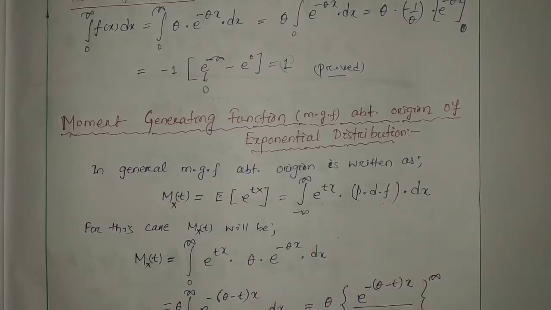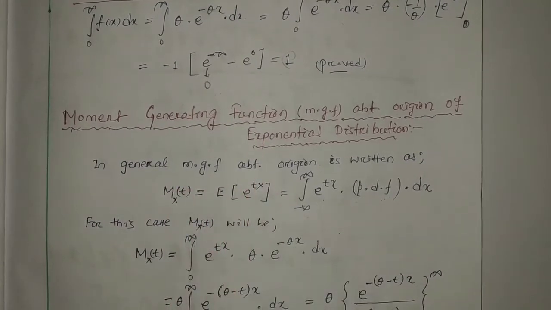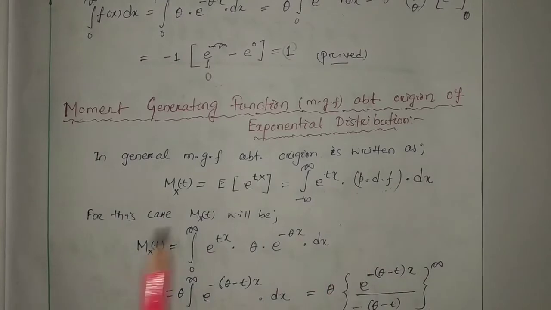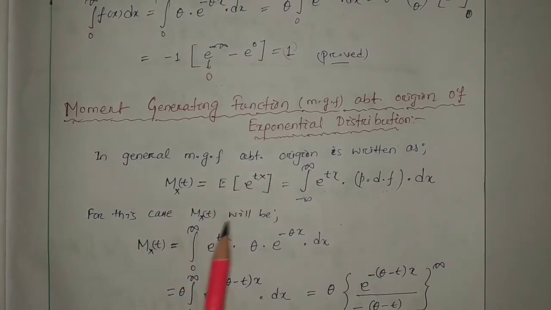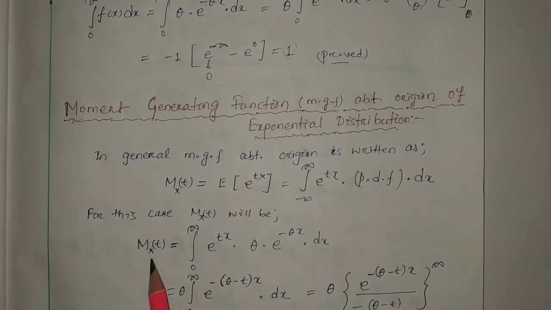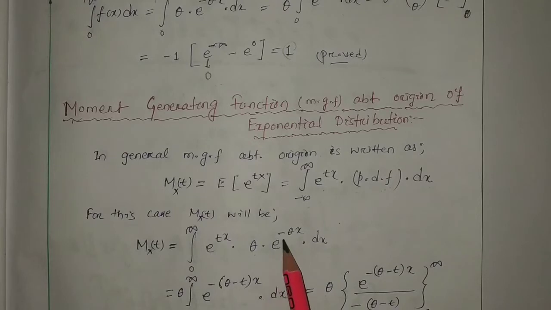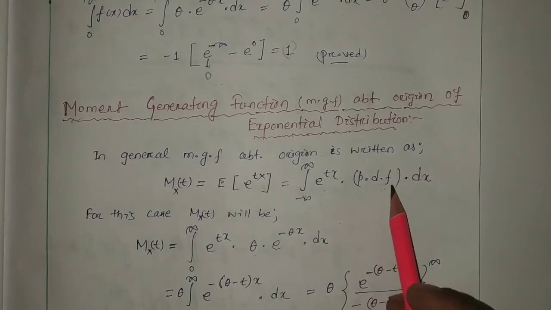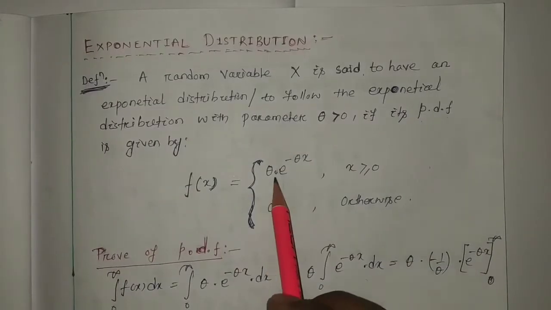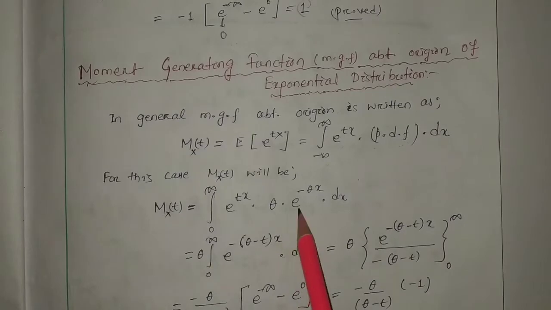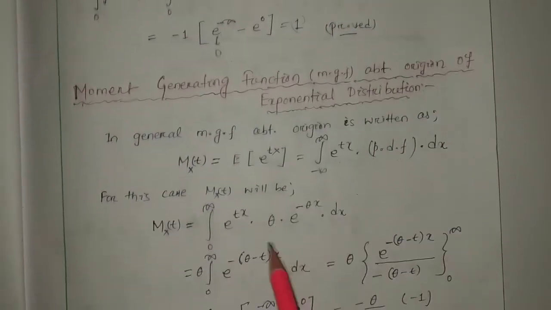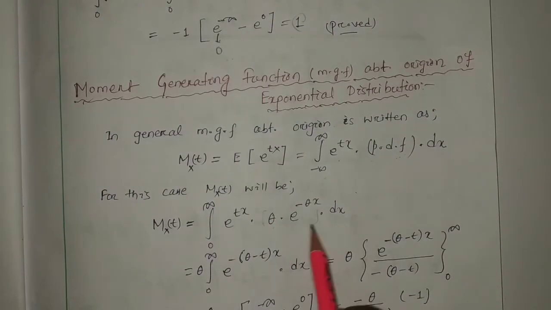For this case M_X(t) equals the integral from 0 to infinity of e to the power tx into theta into e to the power minus theta x dx, where I have substituted the PDF.